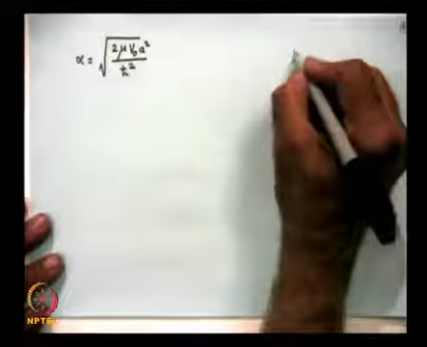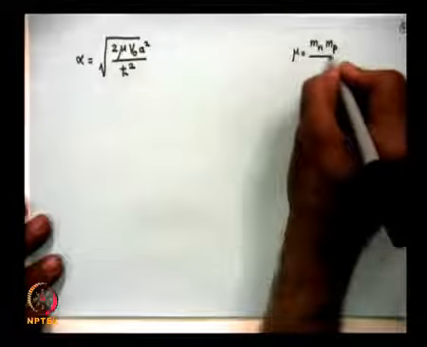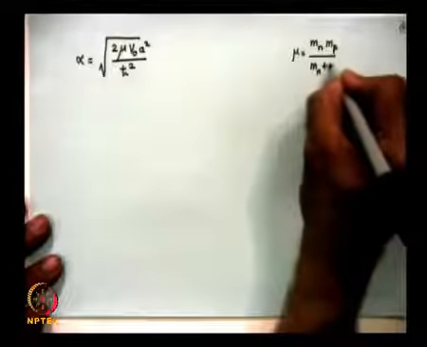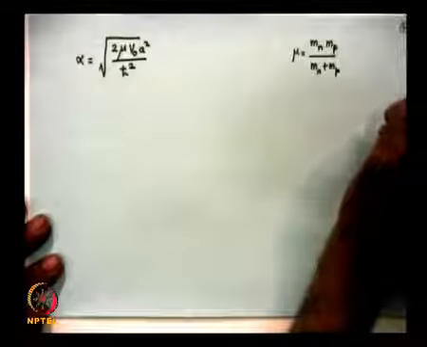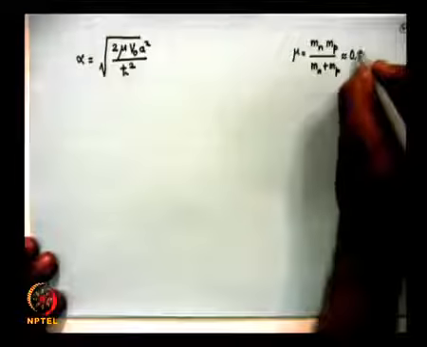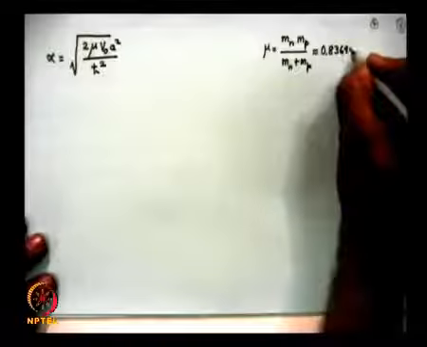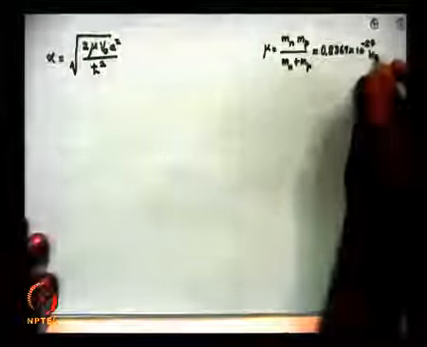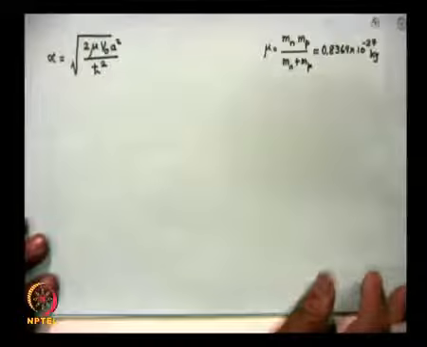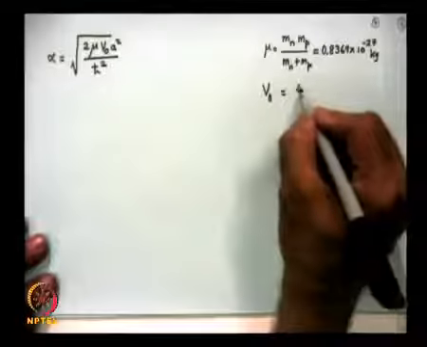We consider the neutron proton problem, and therefore, mu is equal to mass of the neutron times mass of the proton divided by mass of the neutron plus mass of the proton. If you substitute the values of this, then you will get about 0.8369 into 10 to the power of minus 27 kg in MKS system of units. I assume V 0, the depth of the potential, is equal to 40 MeV.